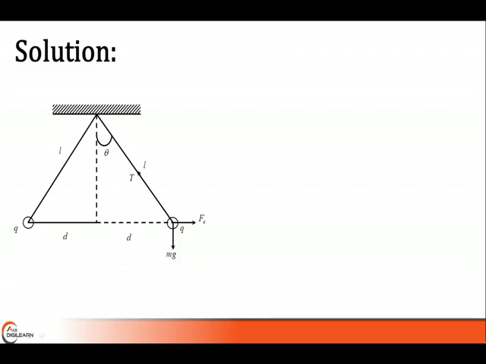Here is the diagram. They are suspended from a common point, and at equilibrium, let's say they are separated by a distance d from each other, separation 2d from each other.